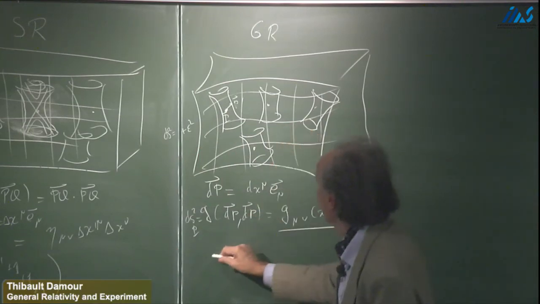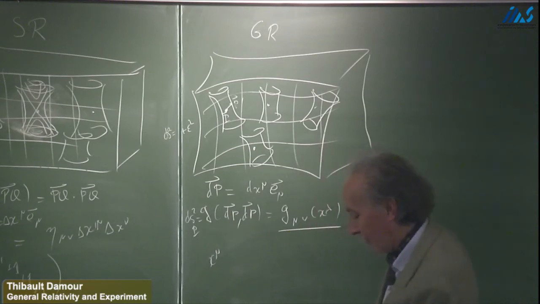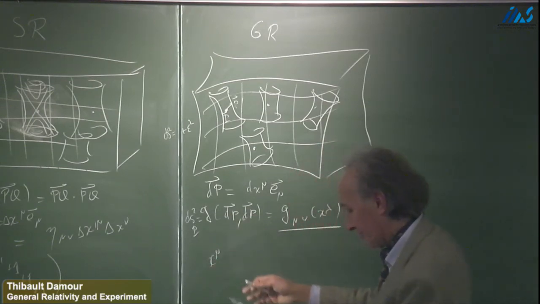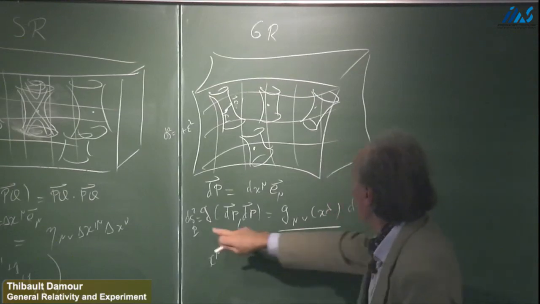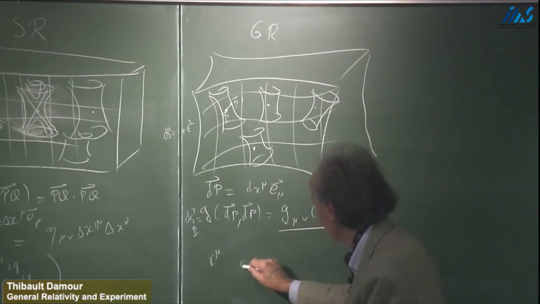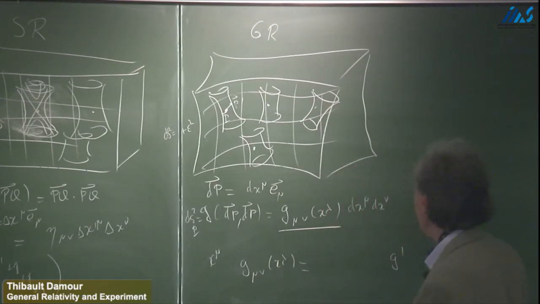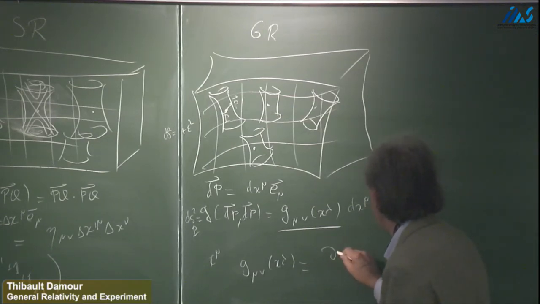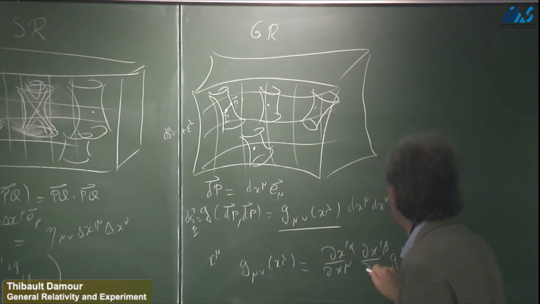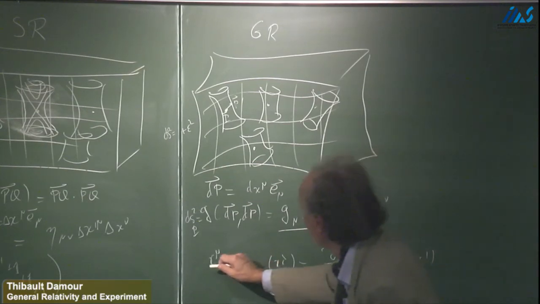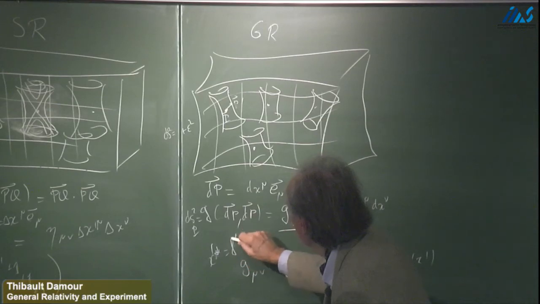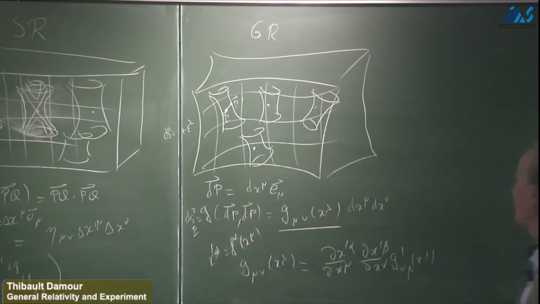If I change from the coordinates x mu to arbitrary new coordinates x prime, which depend continuously on x, then this quantity is invariant, which means that g mu nu of x is obtained from the new coefficients in the new coordinates by multiplying by d x prime alpha over d x mu and d x prime beta over d x nu, where x prime is a certain function of x, an arbitrary coordinate transformation.